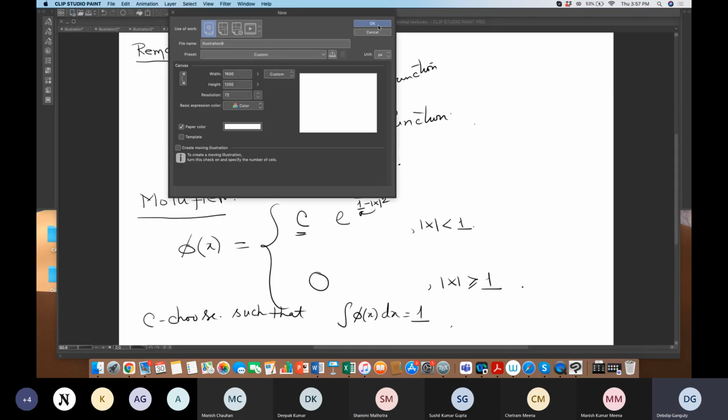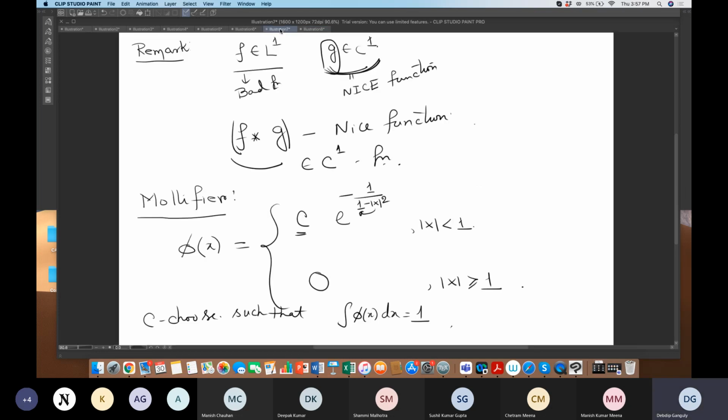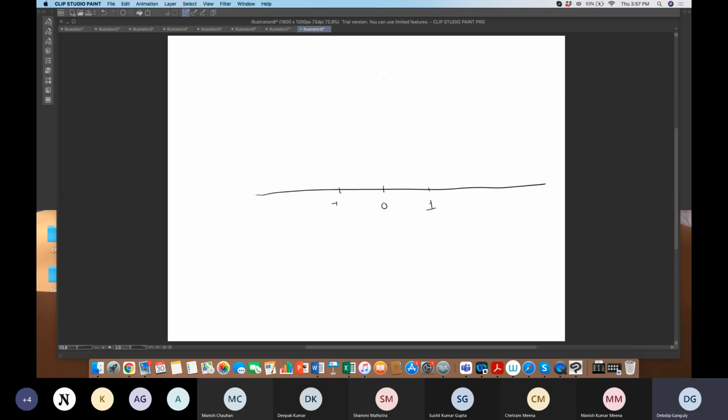Try to draw the graph of this function. This is 0, this is minus 1, this is 1. It is a decreasing function on both sides, so for mod x less than 1, the function will look like this.